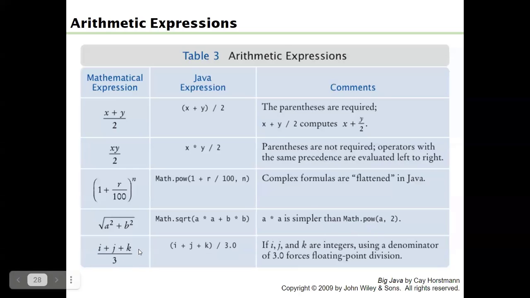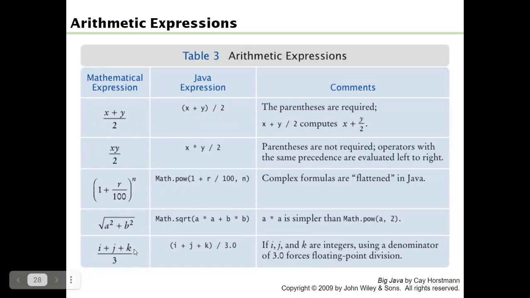And then if you did this one, i plus j plus k over 3, you want to make sure those additions happen before you divide by 3. You want to get the whole expression or sub-expression put together before you divide by 3. Now, if i, j, and k are integers, using a denominator of 3.0 forces floating point division.